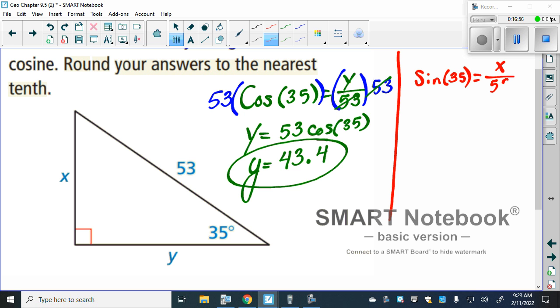X over 53, because x is the side opposite the 35 degrees. We'll multiply both sides by 53. And the 53 and 53 over here will cancel, telling us that x is equal to 53 sine of 35.